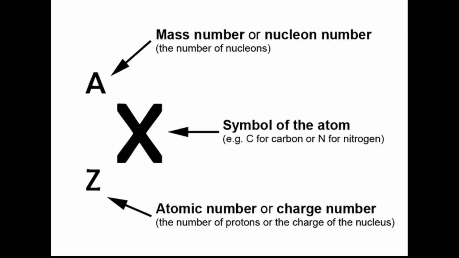At the top is the mass number. The mass number we can also call the nucleon number. The nucleon number is the sum of proton and neutron. The one at the bottom we label as the atomic number, or the charge number. Atomic number means the proton number. That means we just count the number of protons and also the number of electrons.